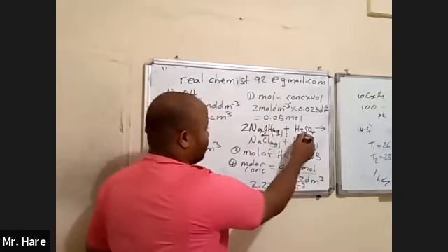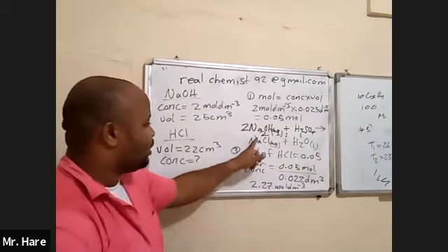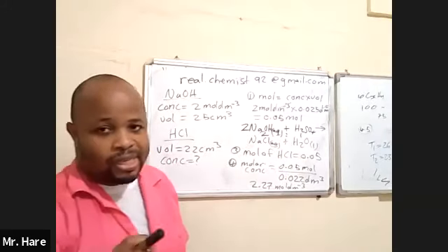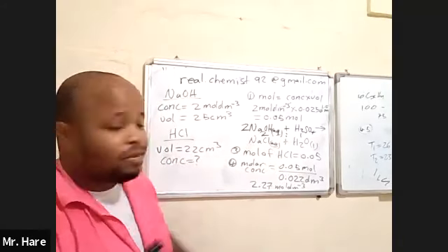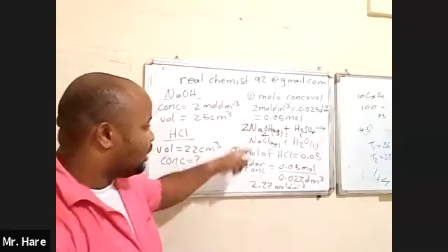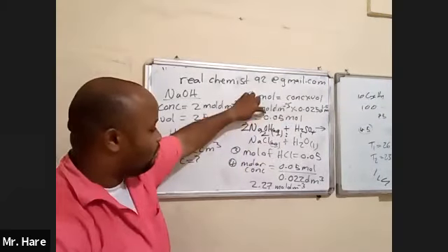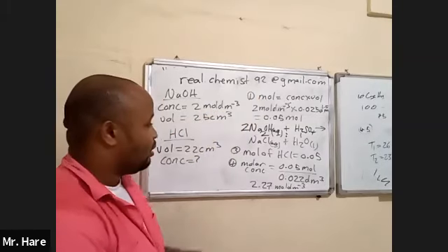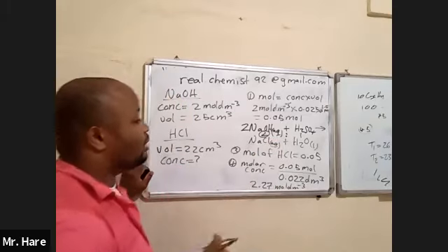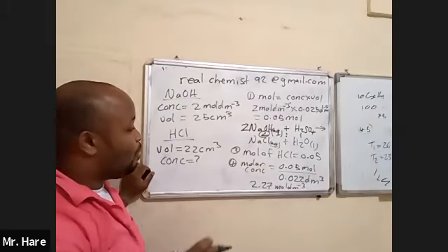In this case, 2 moles of sodium hydroxide to 1 mole of sulfuric acid. However, in the question, you have to look at which one of them you actually have the moles for. So in this case, you have the mole of sodium hydroxide. Since you're asking this, I don't want you to make any mistake tomorrow.